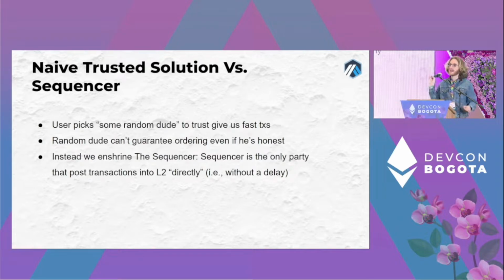So even to have a trusted solution like this, you need to enshrine a party within the protocol, give it this special permissioned privilege. And that's kind of what the sequencer is. The sequencer is literally this party that we give the ability to directly post transactions into L2. Everyone else has to wait. So the sequencer has this narrow short-term view of what will happen on L2. Therefore, it can give trusted soft confirmation transactions, we call them.